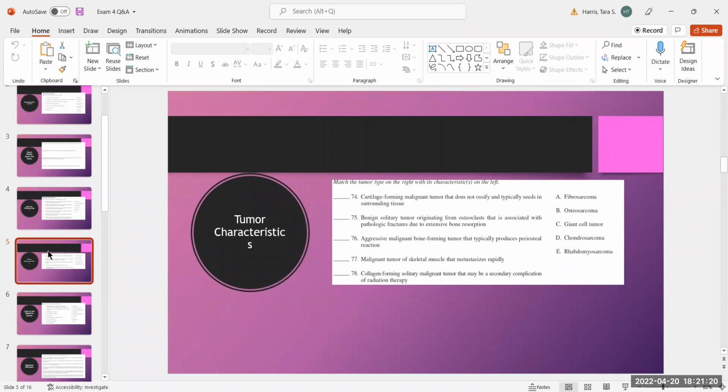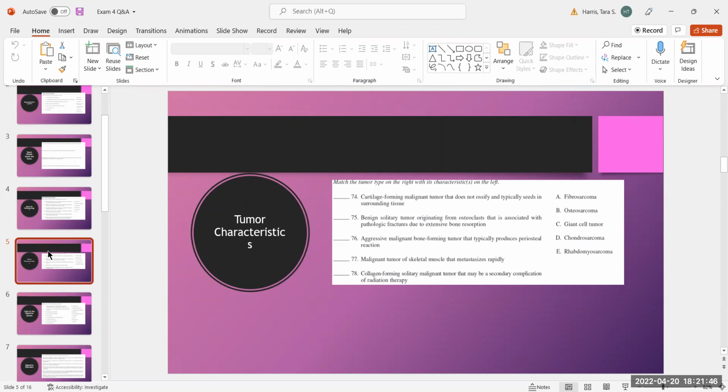Now, a benign solitary tumor originated from osteoclasts that is associated with pathologic fractures due to extensive bone resorption. Now, would that be a fibrosarcoma, an osteosarcoma, giant cell tumor, or a rhabdomyosarcoma?